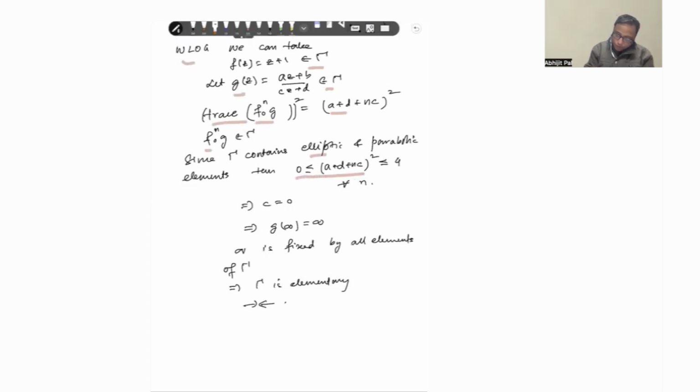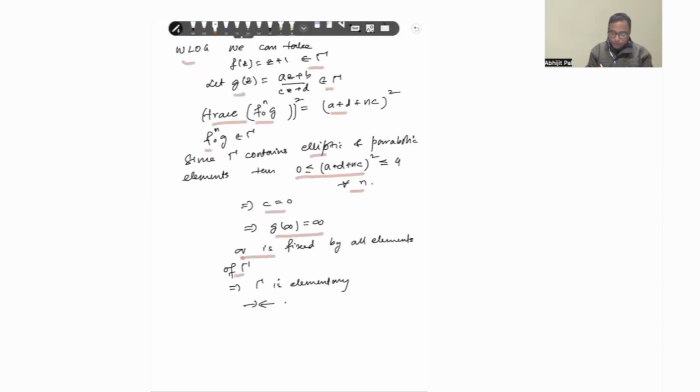And this is true for all n. So this can be only possible when c is equal to 0. Meaning g of infinity is equal to infinity. So therefore, this infinity is fixed by all elements of gamma.